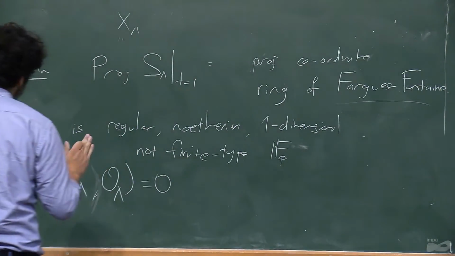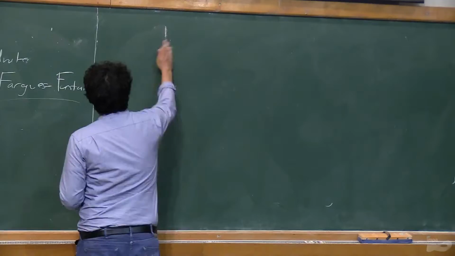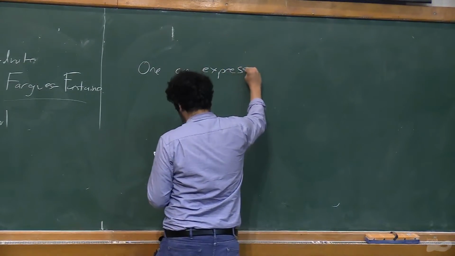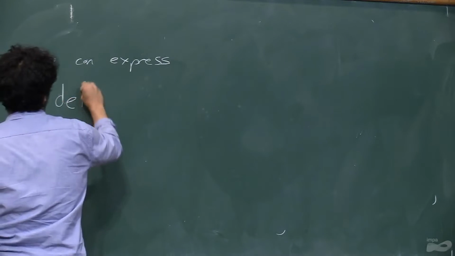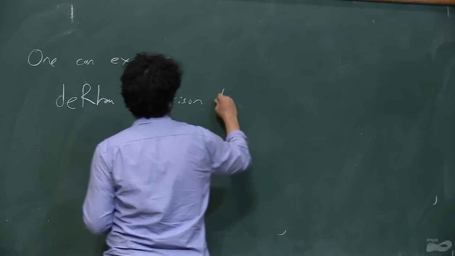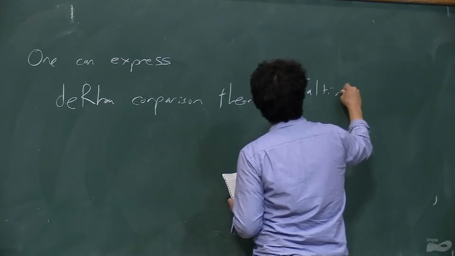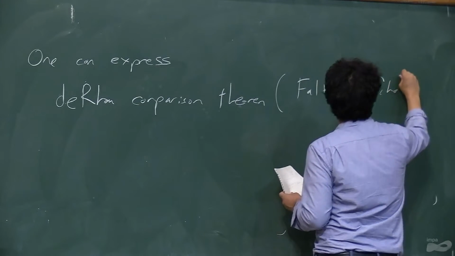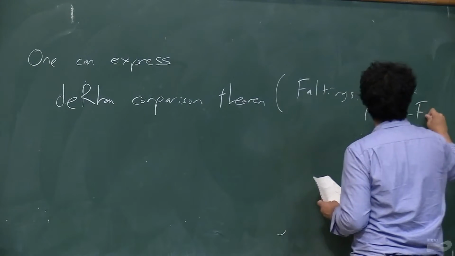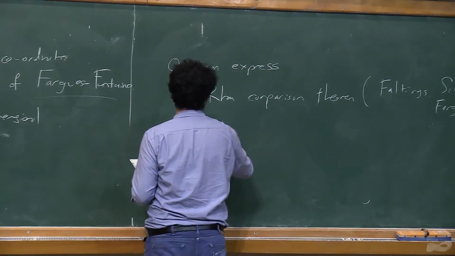It's a long story, I don't want to go in that direction, but maybe I can say that one can express the de Rham comparison theorem, due to Faltings and more recently Scholze and Fargues-Fontaine, in terms of vector bundles on this curve.